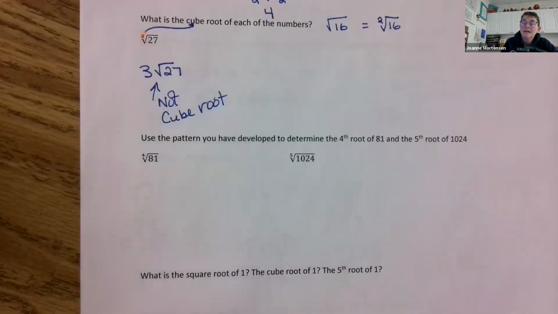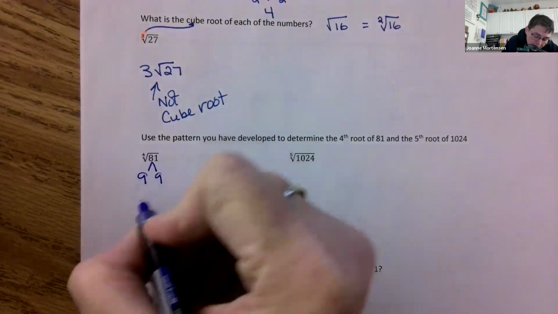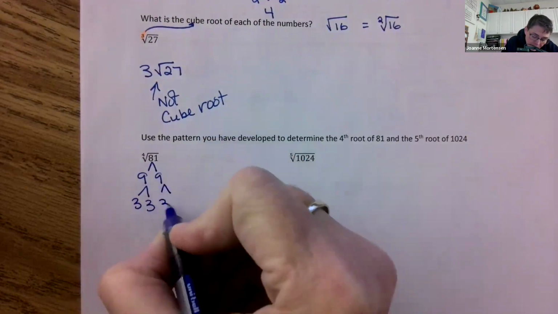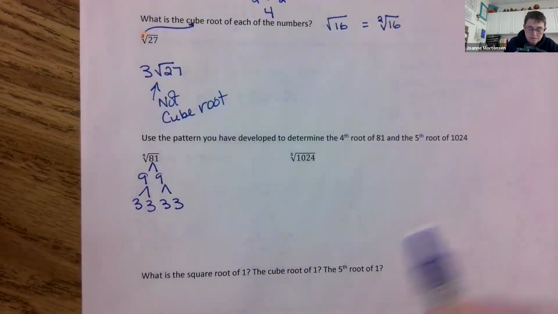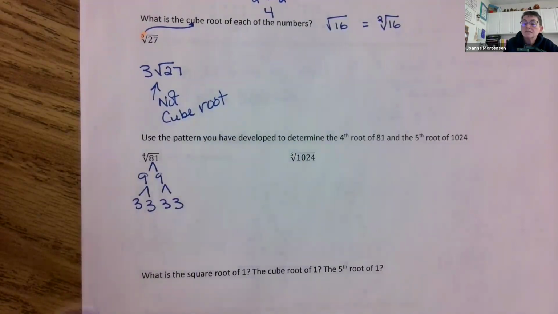So it's what number times itself 4 times gives me 81. I don't know, so tree it out: 9 and 9, 3 and 3, and 3 and 3. So if we are doing the 4th root, we're going to circle sets of 4.